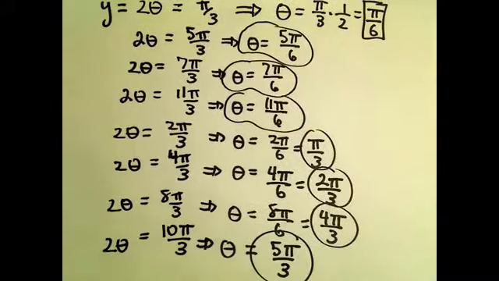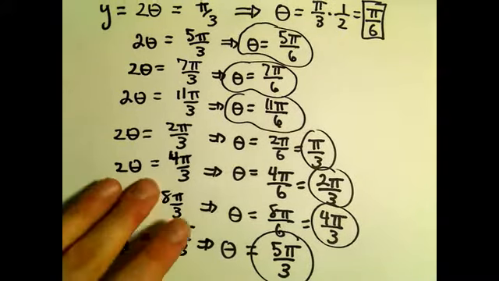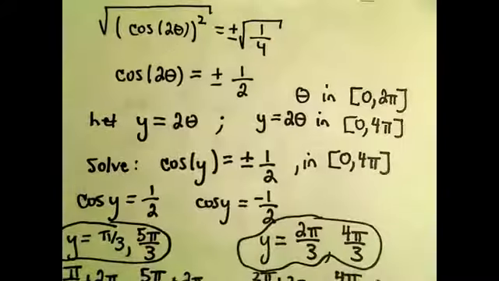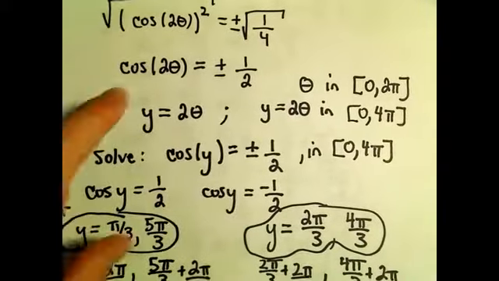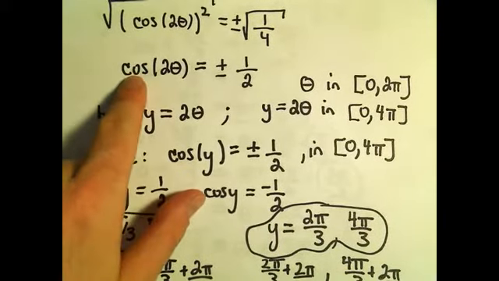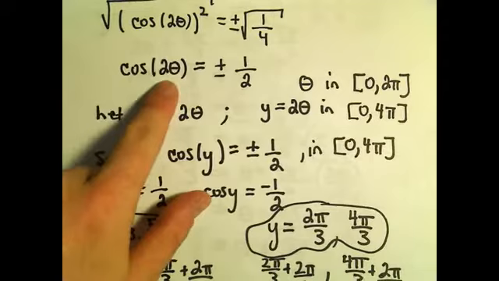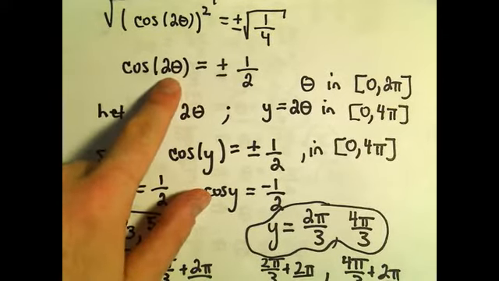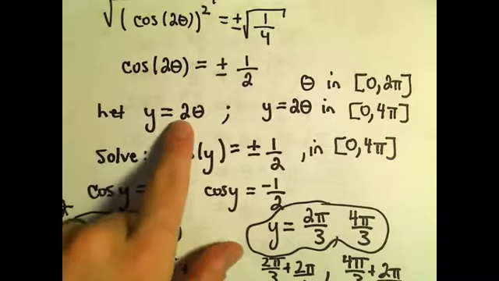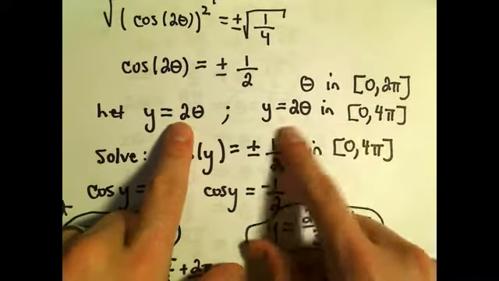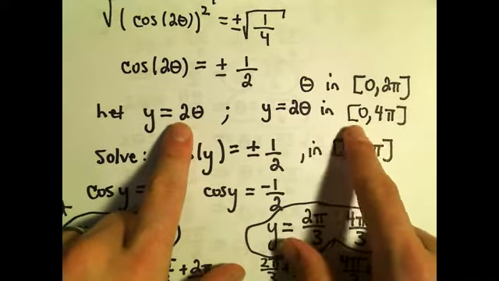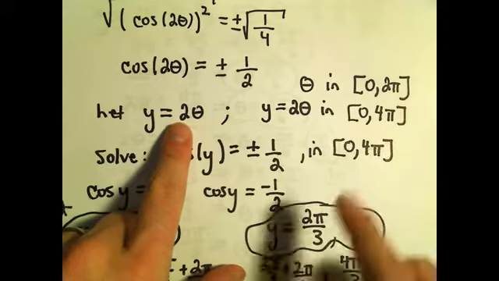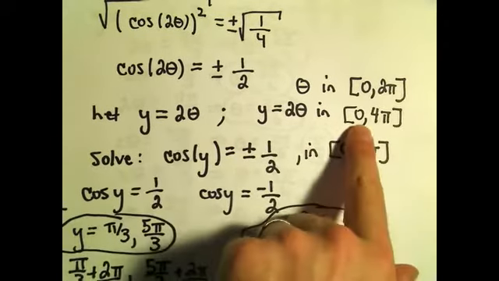So again, typically what I do in these types of problems is try to eventually get it down to just cosine or sine or whatever your trig function is. If there's 2 theta, 3 theta, 80 theta, I would replace it, and I have to make the corresponding adjustment to the interval, because now I've got to find solutions in a different interval.